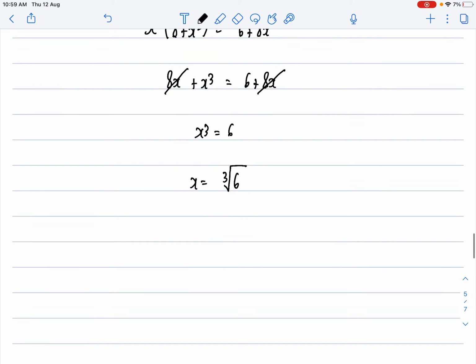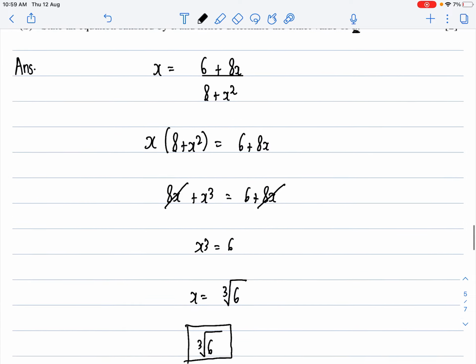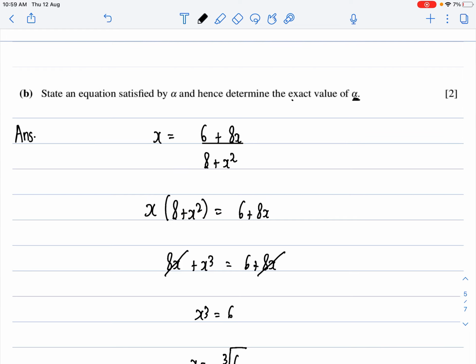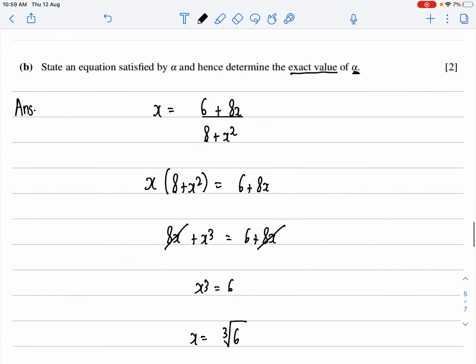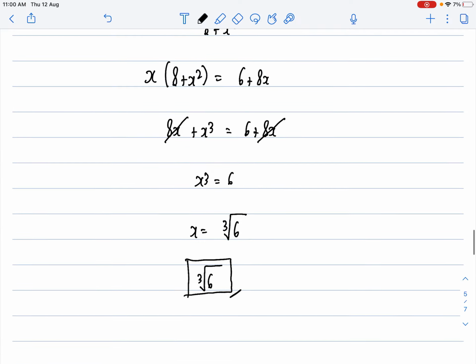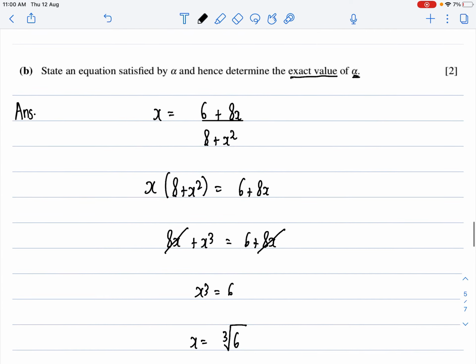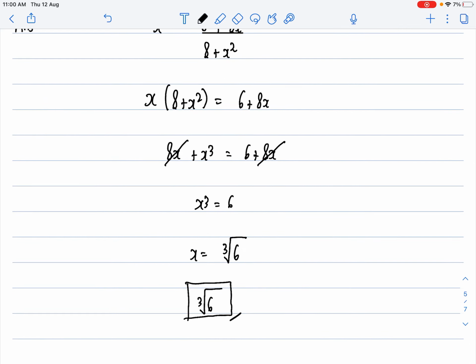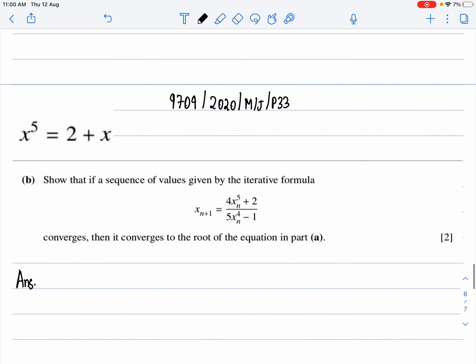So you can simply say alpha converges to the cube root of 6, because it's the exact value, correct? You can't give it in decimals. This is basically the final answer. So very simple: first write the equation without the n's and n plus 1, and then simply solve to get an exact value, correct?